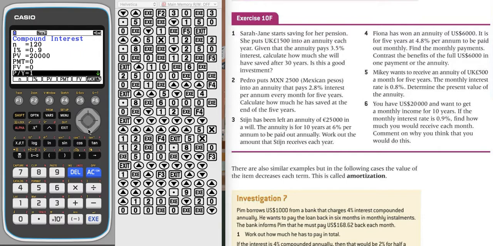Your payments per year, which remember now it's payments per month because that interest rate is per month, will be 1. And the last one there, compounding per month, will be 1. And I want to know what the payment is. So it'll be $273.24. That is correct. And that's it for me.